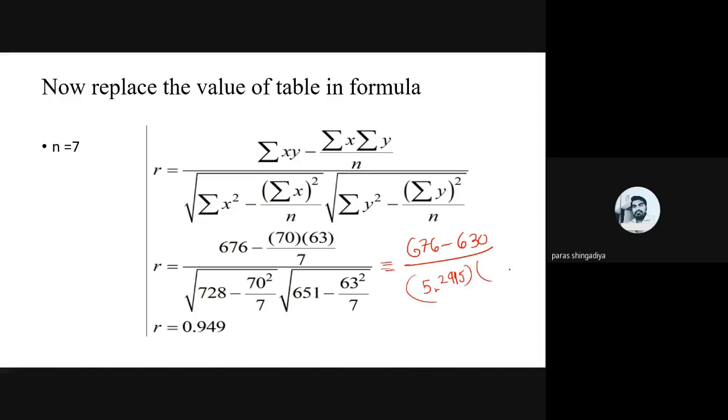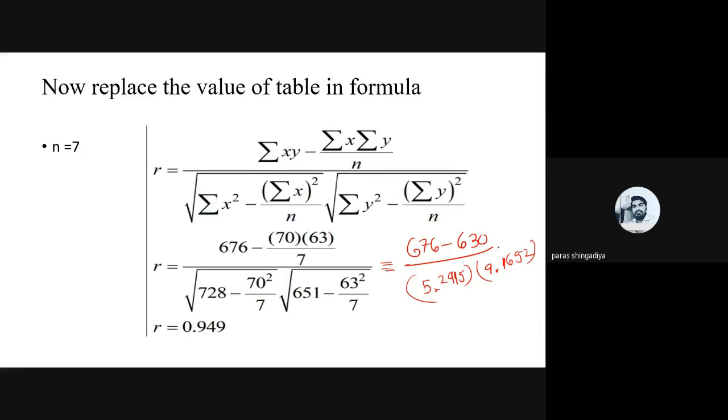Now check the second square root. It will be 9.1652. All of you verify it.